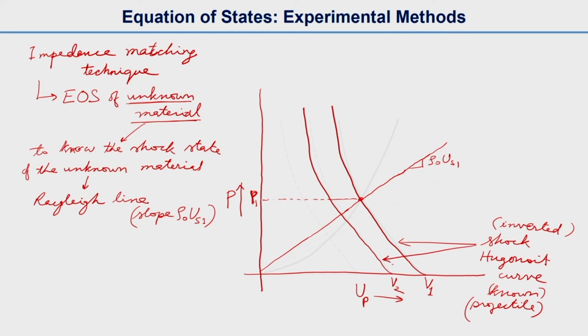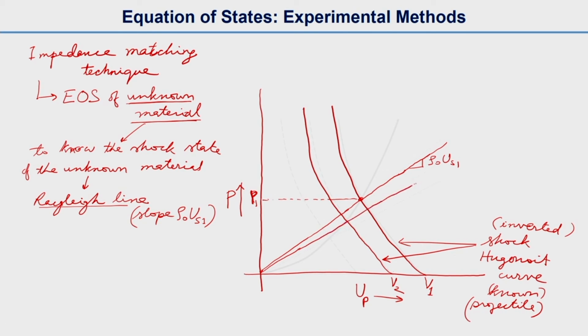for the known material, the projectile, and then again we will draw another Rayleigh line at a different slope, as we know, that will correspond to the impact velocity. This will come from the origin.